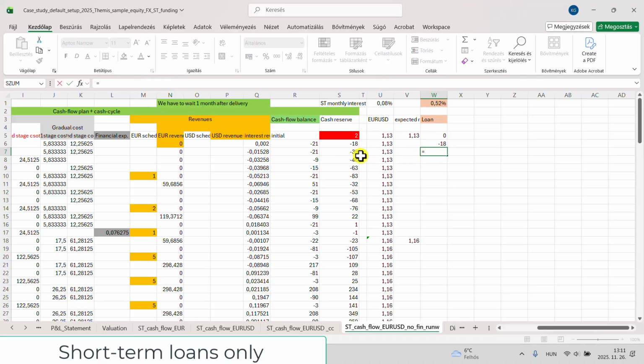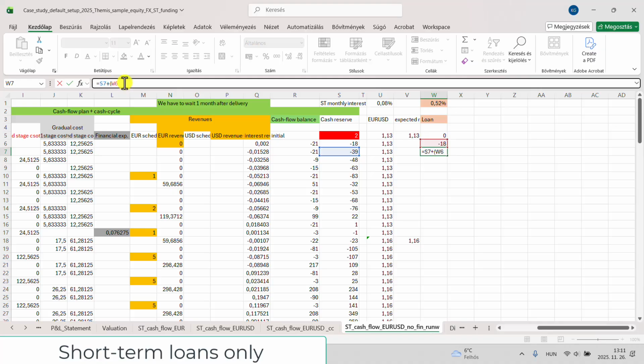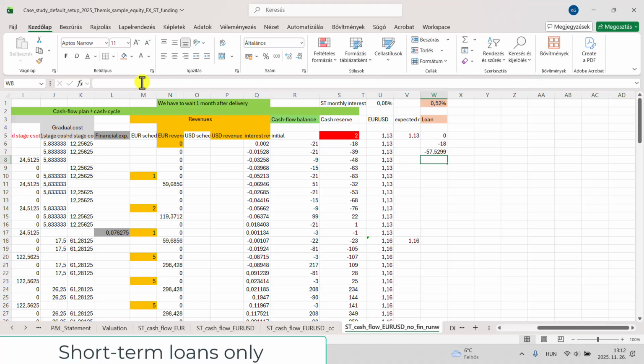Then in the next month, we have to take up this number plus the previous position, but now multiplied by bracket open 1 plus u. So the previous month's debt is now growing with the monthly interest rate plus the current position.